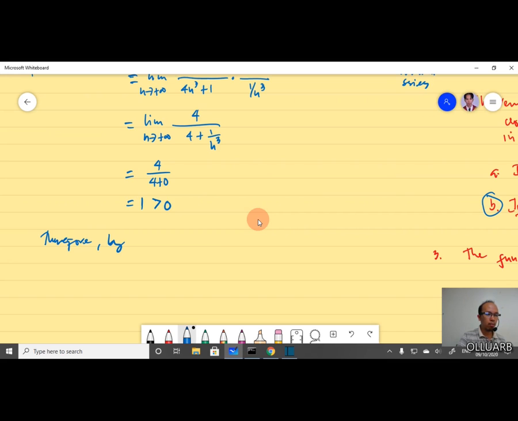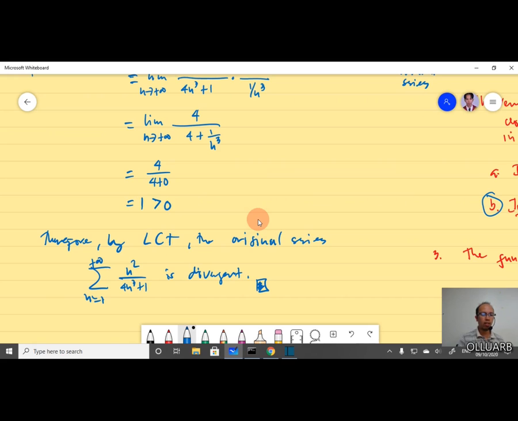Therefore by LCT, the original series, which is the summation of n squared over 4n cubed plus 1 from 1 to positive infinity, is divergent, okay. So that's our first problem, okay.